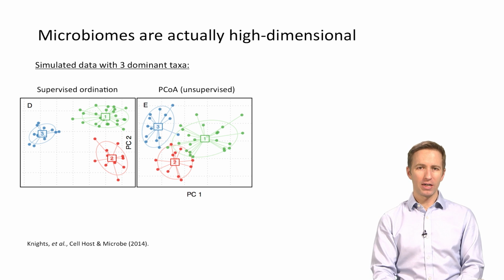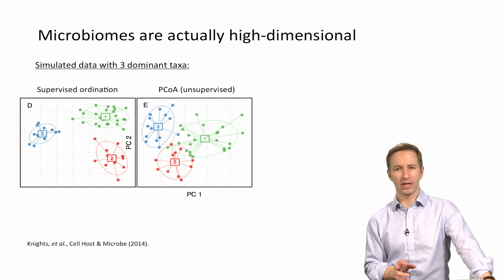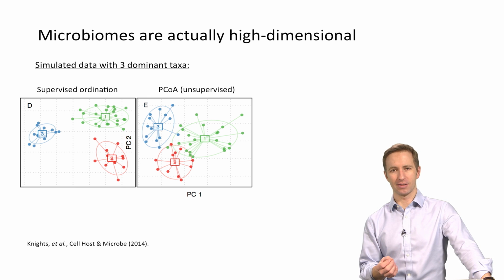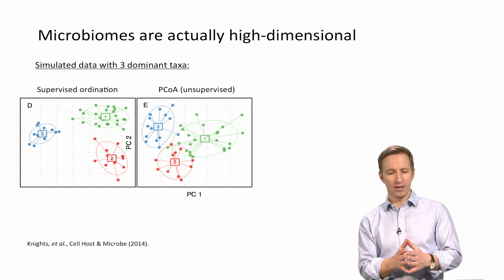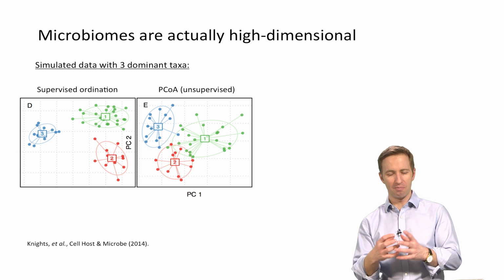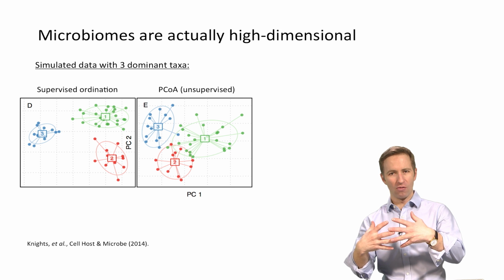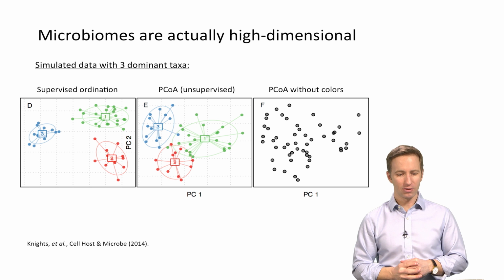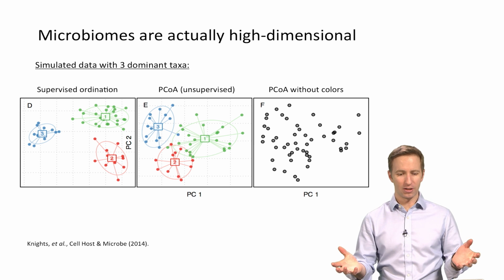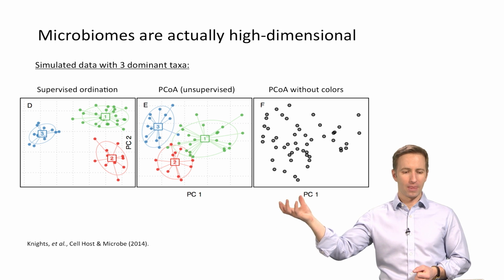However, if you ordinate the exact same data in an unsupervised way, so this is just using regular old principal coordinates analysis of Bray-Curtis distances, not trying to artificially make the clusters look better, the clusters are a lot more overlapping, although they still look a little bit separate. But then when you take the colors away, the effect is completely gone. So this is a case where we knew that there were no actual gradients in the data.